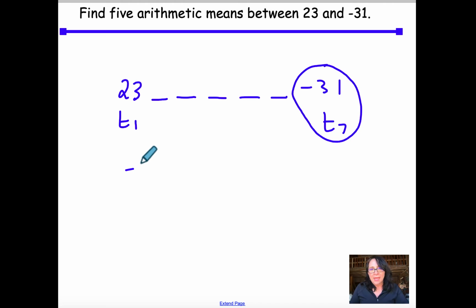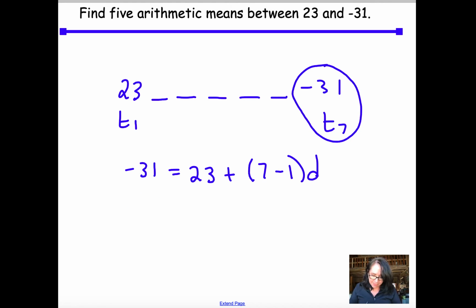So we're going to go negative 31 is equal to the first term, 23, plus n, which is 7, minus 1 times the common difference. So I'm going to go 31, and I'm going to subtract 23, and I get negative 54. And negative 54 is equal to 6d. So that means d is negative 9.